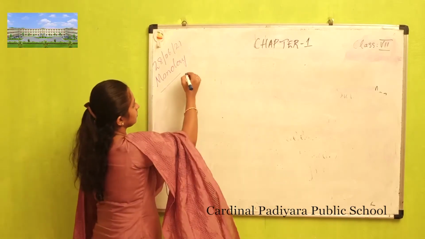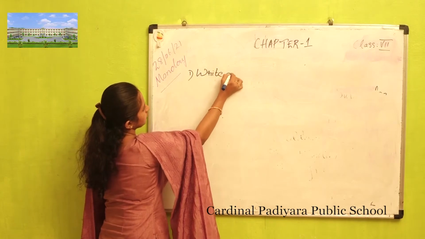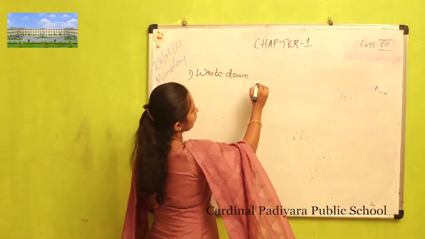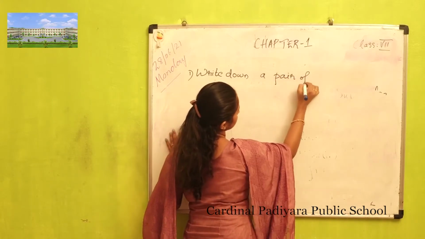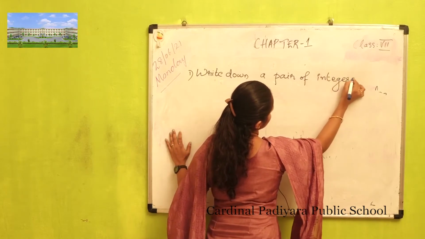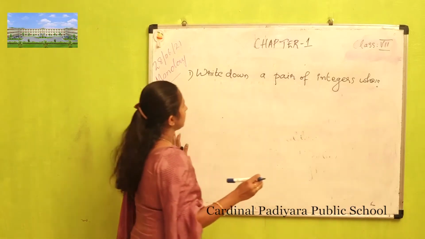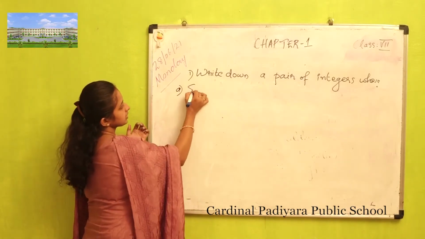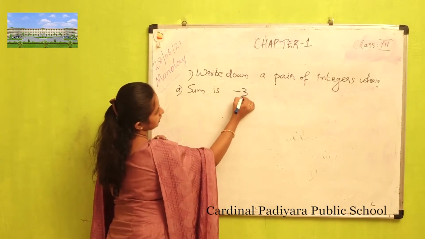First one is, write down a pair of integers whose sum is negative 3.